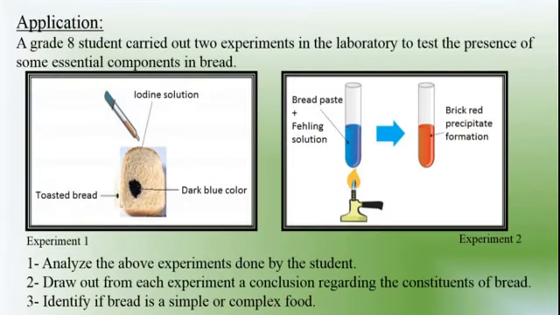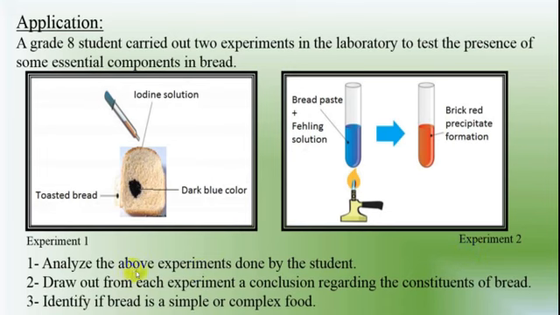As an application, understand the experiments done, then answer the questions below. A grade 8 student carried out 2 experiments in the laboratory to test the presence of some essential components in bread, as shown in experiment 1 and 2, where he applied iodine test and Fehling test. 1.